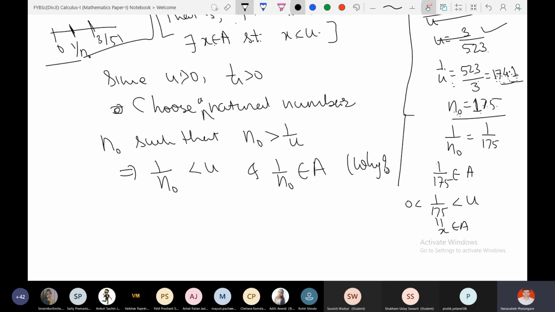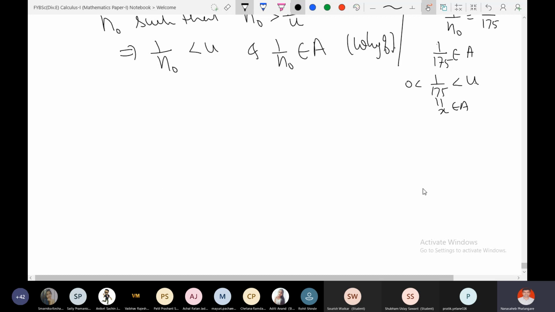Do you agree with this? Yes, sir. So I am just looking at 1 by u and choosing a natural number greater than that. Which natural number you choose, any, doesn't matter. For example, in this particular example, if I selected n naught equal to 180, then I look at 1 upon 180.